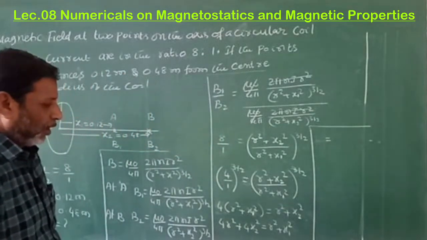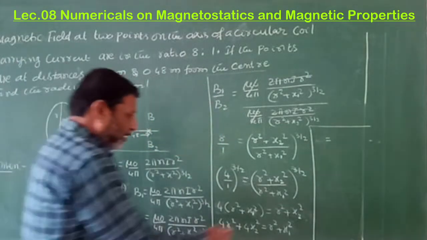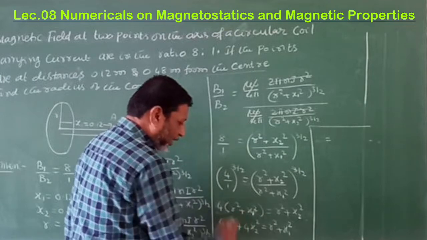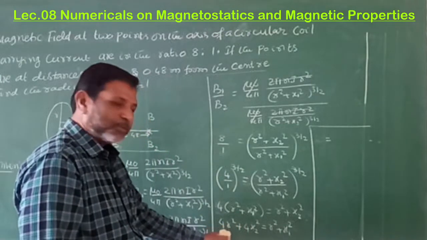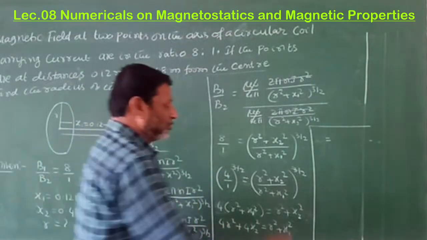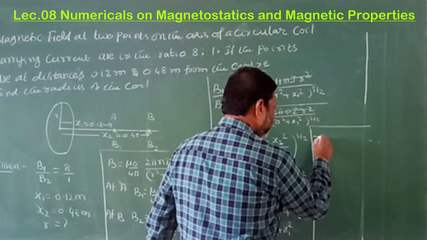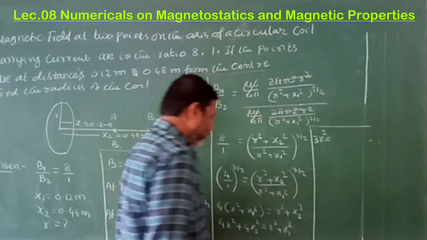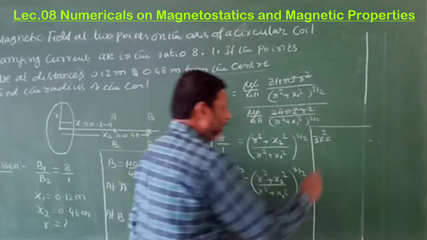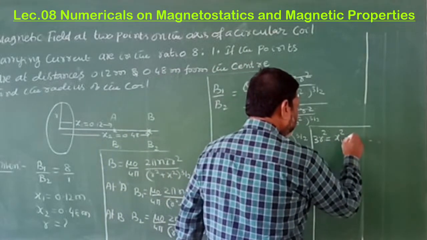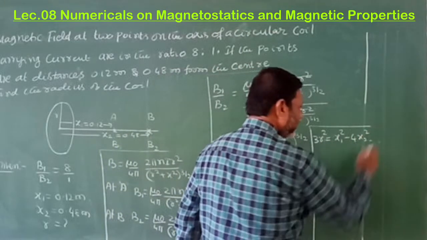Now, you simplify this one. You take the r square on the left side, then what you get, 4r square minus r square is 3r square. Therefore, this is 3r square, it is equal to x1 square minus 4x2 square.